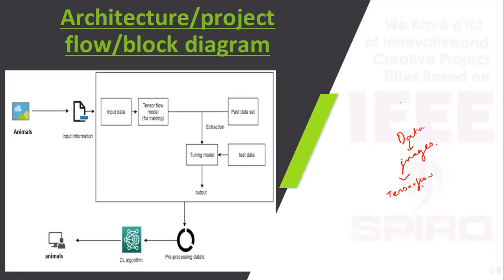After the model is built, before using the GUI, we will convert the model into a .h5 file. After converting the model to a .h5 file, we are going to deploy it in our GUI, which is created using the Tkinter package. Once the model is deployed, we will use the GUI to classify which type of animal it is.